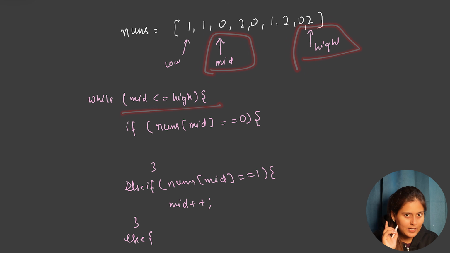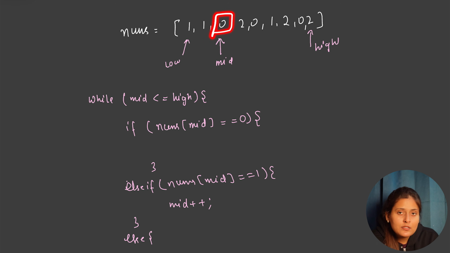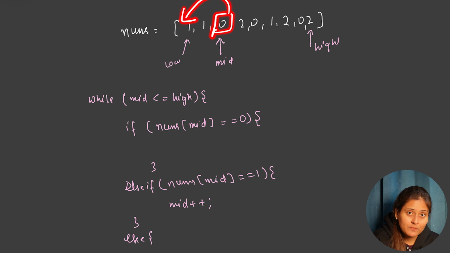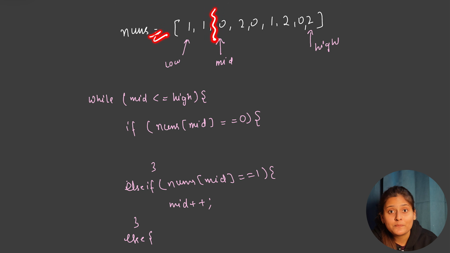Yes, mid is less than high. Now it says, hey, I am 0. And this 0 should be given to whom? Low or high? Low. So this 0 will be given to the low position. Mid says from 0 to mid minus 1, it will be sorted.